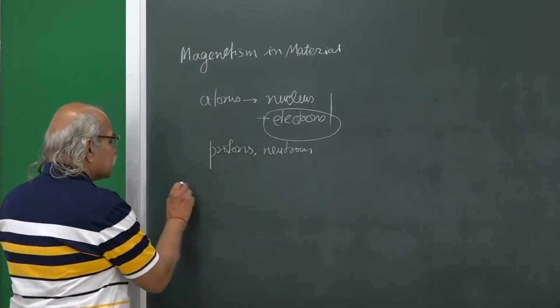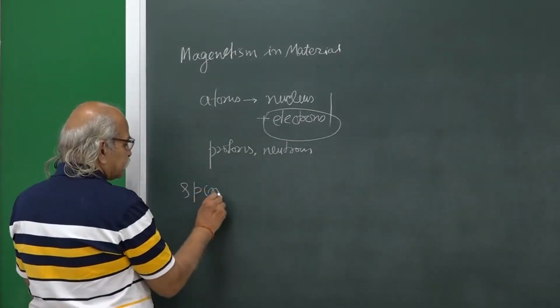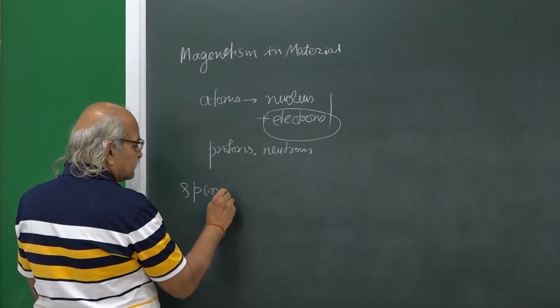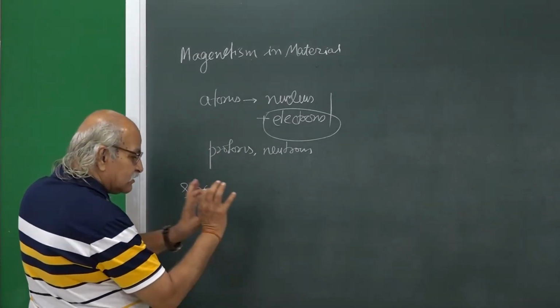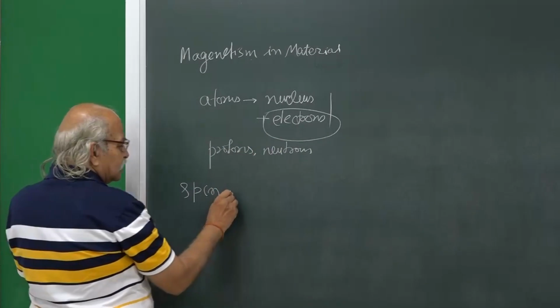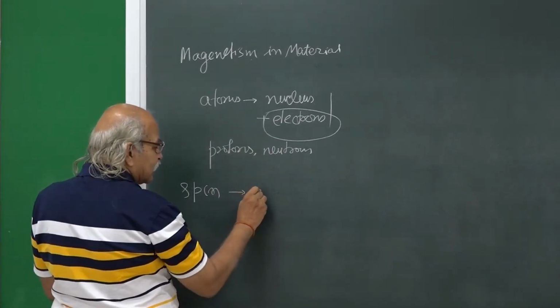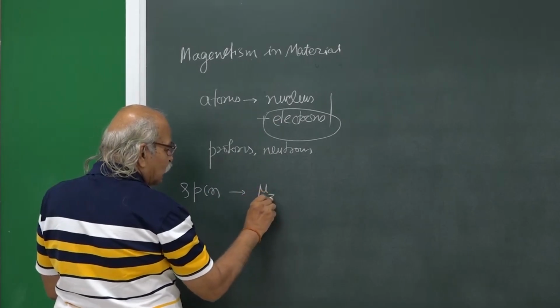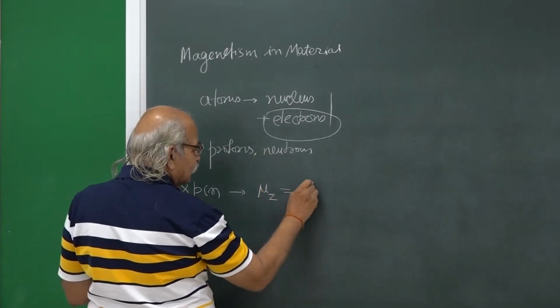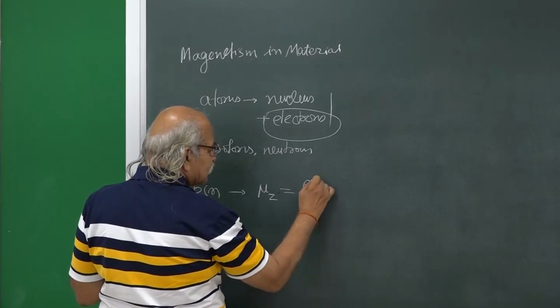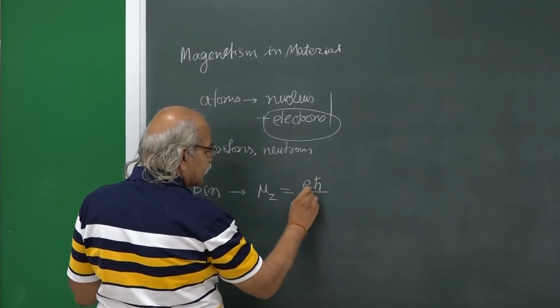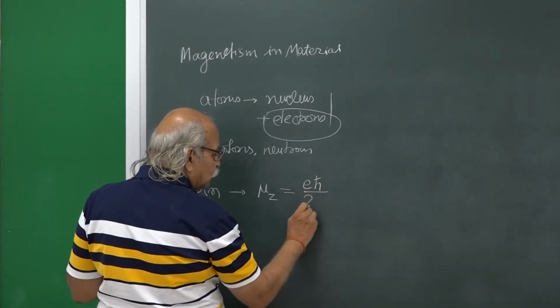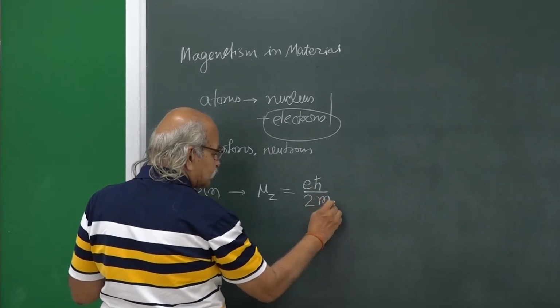So, because of the property of spin in these electrons, you have a magnetic moment, and if you take the z component of that, it will be of this type: e times h cross divided by 2 times the mass of the electron.